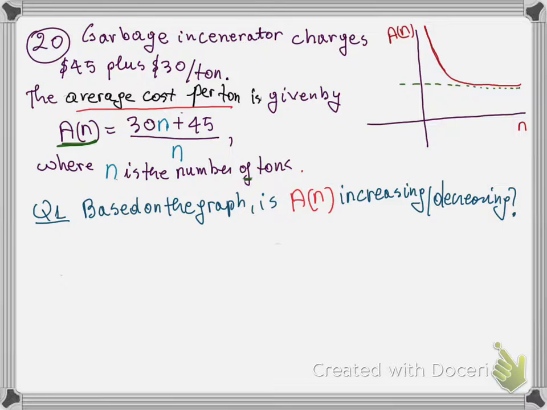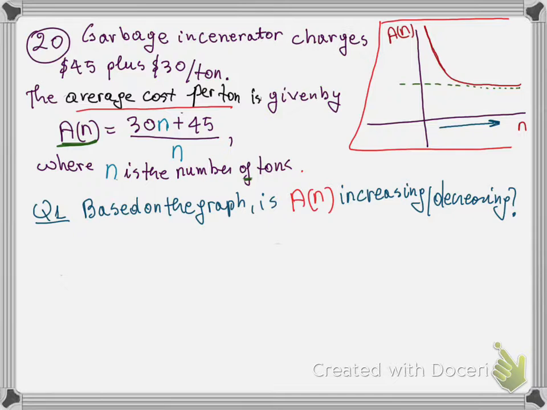The first question is, based on the graph, is A(N) increasing or decreasing? So if we increase the weight, what happens to the average cost per ton? If we look at the graph on the top right, we study it as we increase N, so we move N in this direction, from 0 to 1 to 2 to 3 to 100 to 1000. If I increase N, what is happening to the average cost?